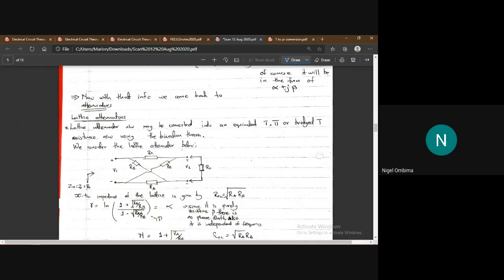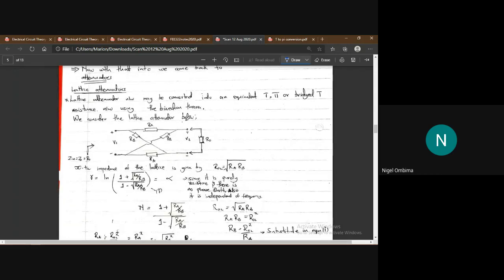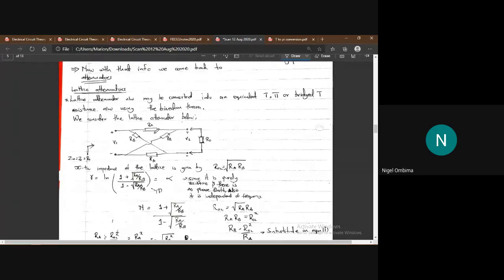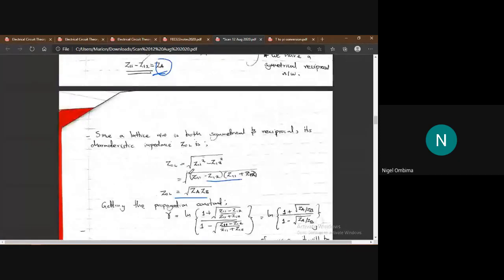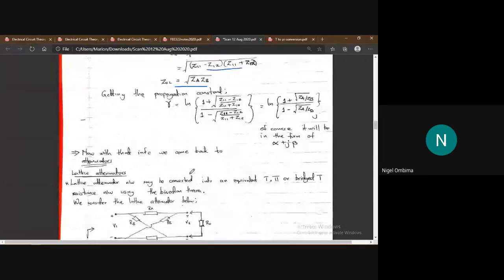We don't need to use it, you'll see. So we consider the lattice attenuator below. This is an example of a lattice attenuator, but attenuators only use resistors, so they're purely resistive. So in our case, where we have been deriving with impedances Z, we change it to just R because they're purely resistive.